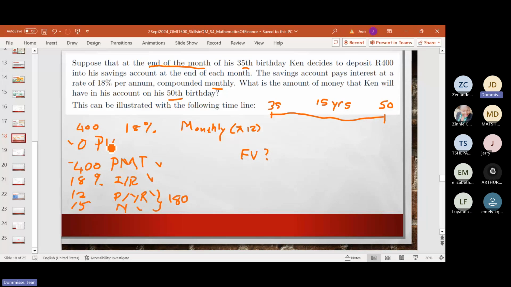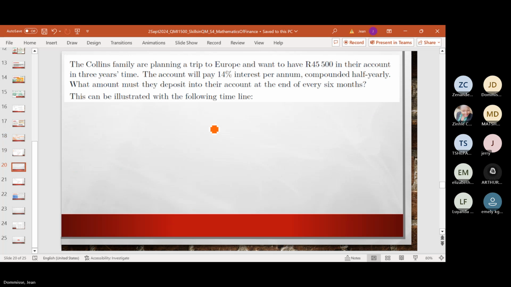Okay, so let's look at the next question. The next one is a bit different, but I think what is also important in this one is that one can easily get caught out.